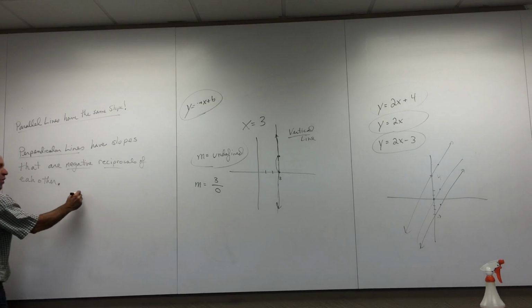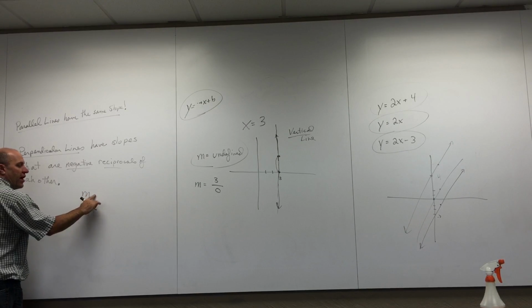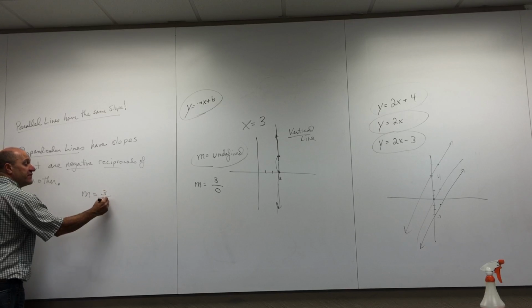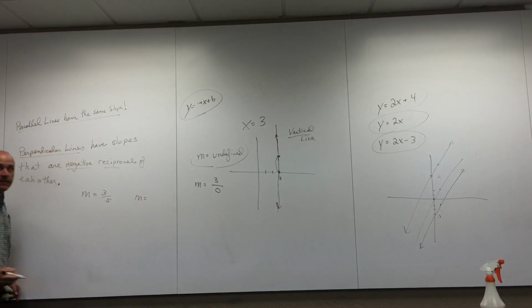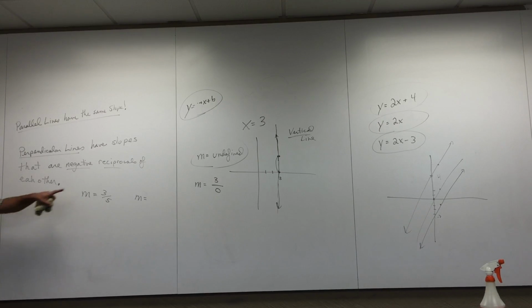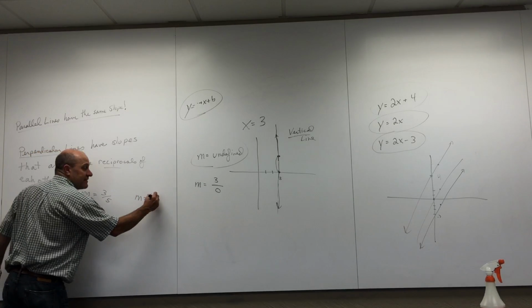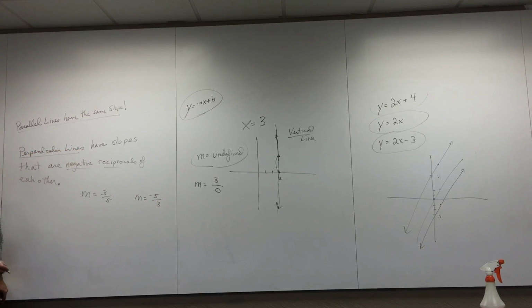That means if one line has a slope of 3/5, a perpendicular line would have a slope of, almost good, the reciprocal would be 5/3, and the negative reciprocal would be negative 5/3. Negative reciprocals of each other.